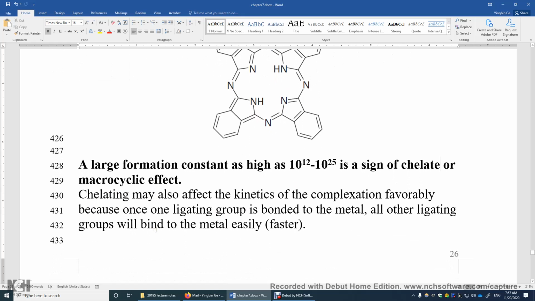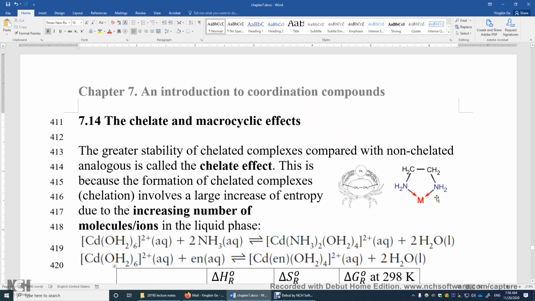Chelating may also affect the kinetics of the complexation favorably. This is because when one ligating group is bonded to the metal, the other ligating groups can bind to the metal easily and quickly. So let's imagine this case. This is 1,2-diaminoethane.